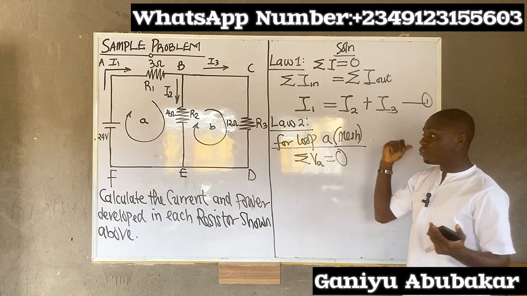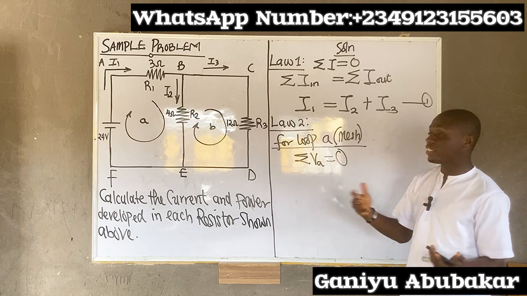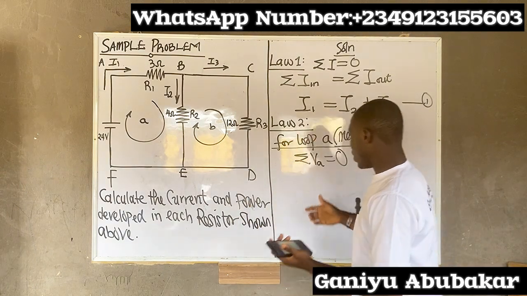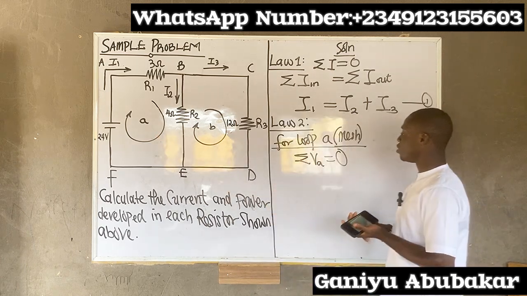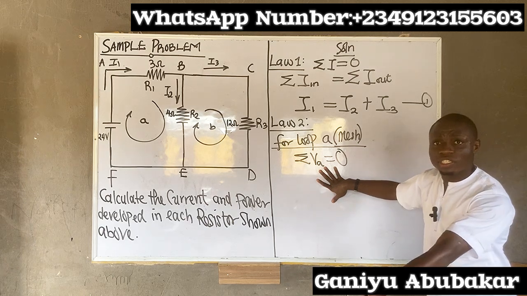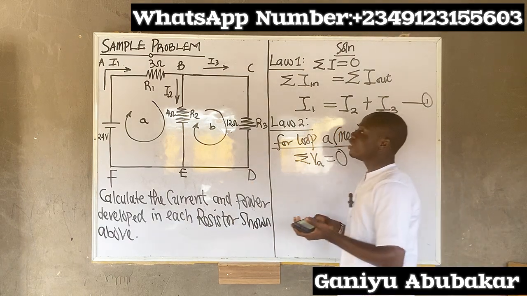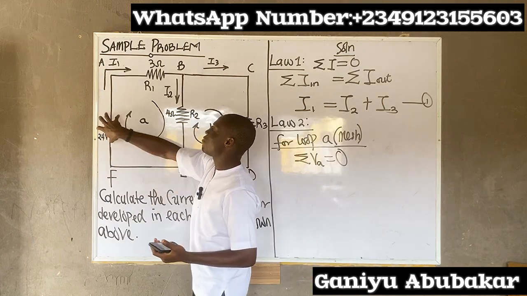That is the idea behind KVL, Kirchhoff's voltage law. So summation VA equals 0, because I'm using A here. I'm adding all the voltages and equating that to 0. Consider this first voltage here.